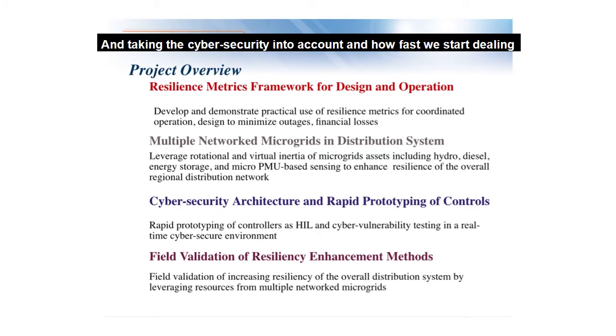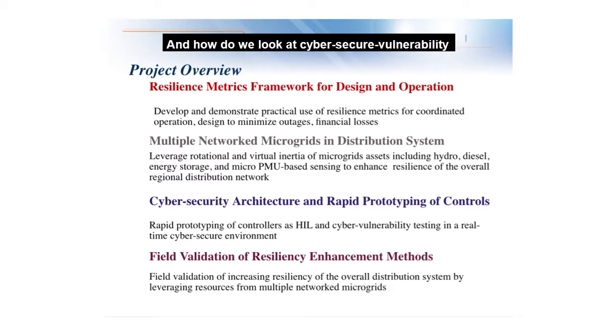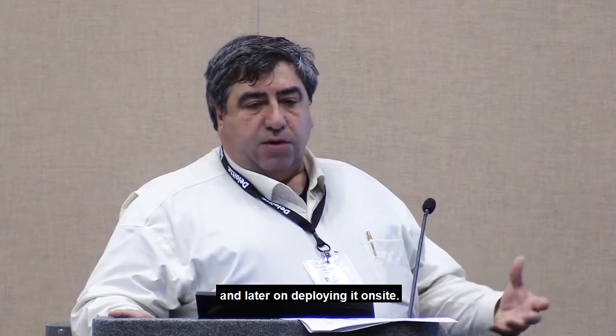And we're taking cybersecurity into account: as we start dealing with smart reconfiguration and islanding, communication becomes important, so what are the cybersecurity vulnerabilities associated with it, and how do we protect against them? And of course, doing a field validation, first doing the hardware loop and control loop validation in the lab environment, and later on deploying it at the site.